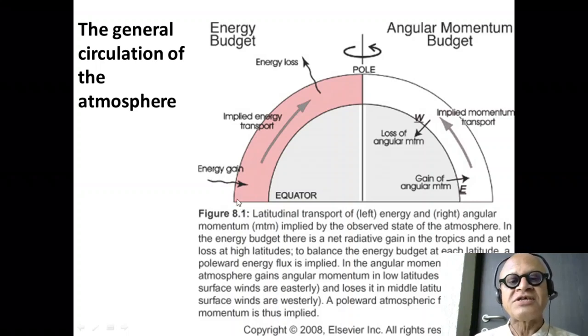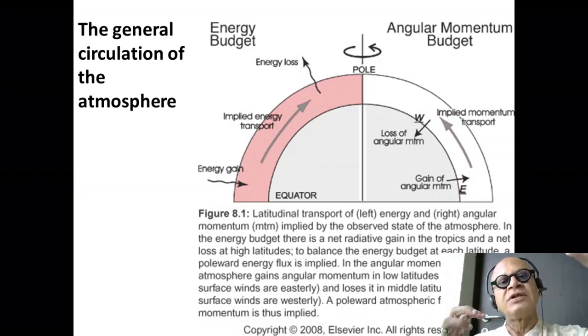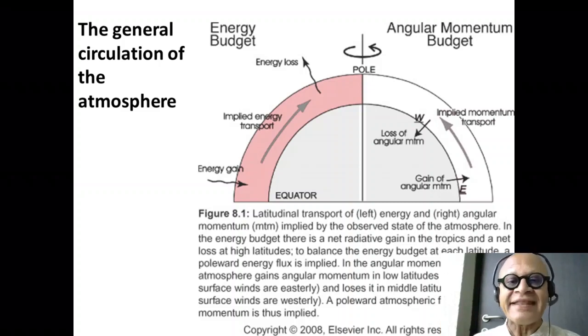So we already said that the low latitudes have an energy gain, right? Remember our sphere, more energy per unit area in the low latitudes, less energy per unit area at high latitudes, and then you add energy loss as outgoing long wave, and we saw that there is net energy gain at low latitudes and net energy loss at high latitudes.